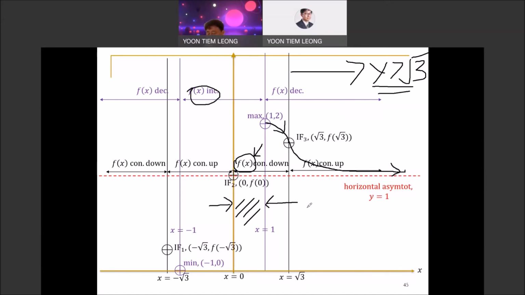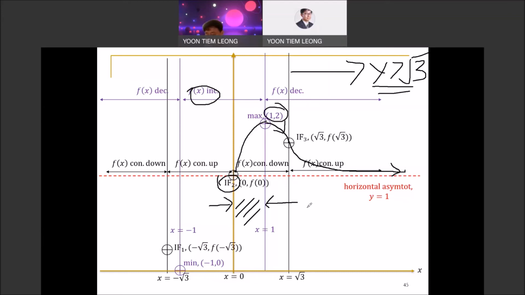So we have to draw a line connecting the inflection point IF2 and the maximum point (1, 2), with a function that is increasing but has a downwards concavity. A graph showing an increasing function with a negative concavity will look like this.